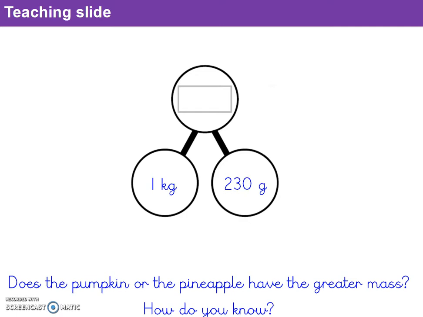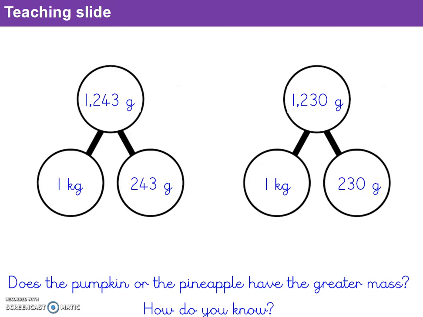So 1,000 plus 230 gives us the answer of 1,230. So the pumpkin weighs 1,230 grams, or 1 kilogram and 230 grams. And here we can see the mass of the pineapple and the pumpkin side by side in both grams and also in kilograms and grams.